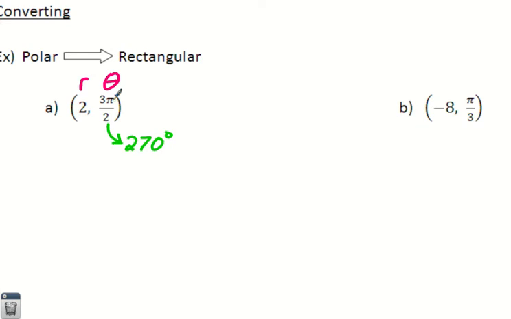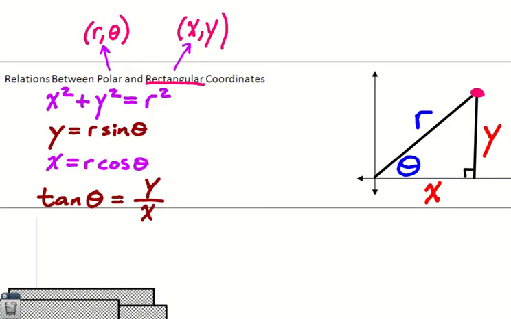So if we know what r is and what theta is, think about it. Which one or two of these equations or formulas, knowing that r is what it is and theta is what it is, can be used to figure out x and y?